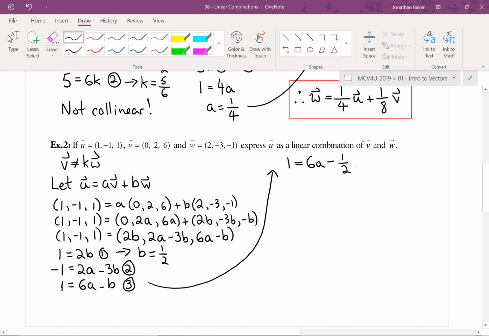Add 1/2 to both sides, and we get 3/2 equals 6a. Divide both sides by 6, and we get a equals 3/12, which is equal to 1/4.